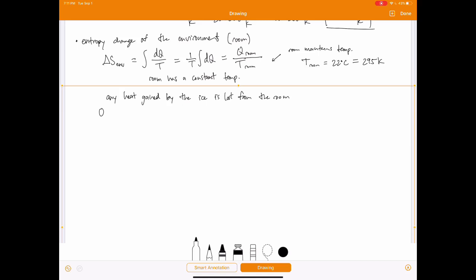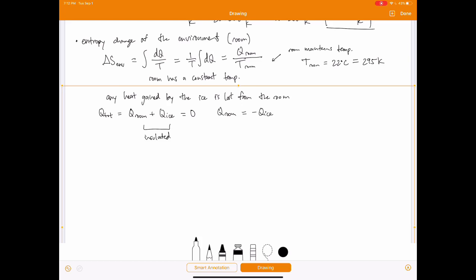The total heat for the room plus the ice cube, so Q room plus Q ice, since this is an insulated system, okay, that's going to equal 0. So therefore, Q room is equal to minus Q ice. That's what I mean when I say any heat gained by the ice is lost from the room. There's just a relative negative sign between them.